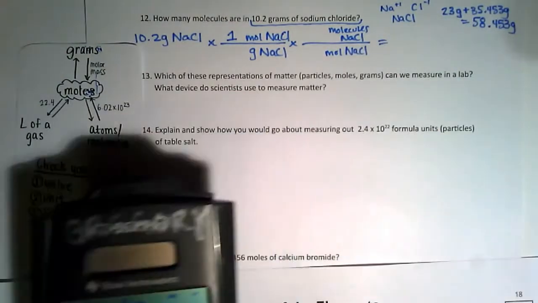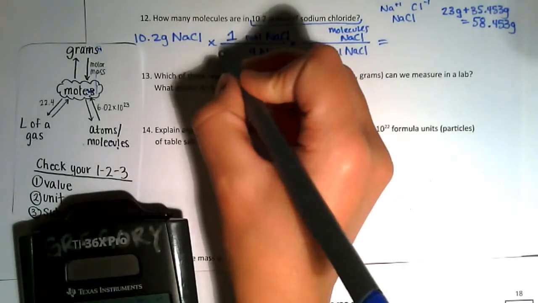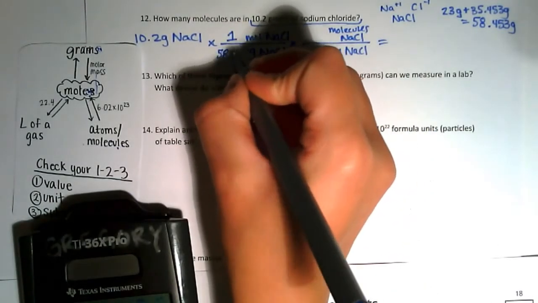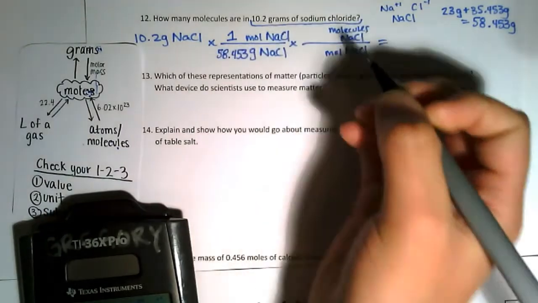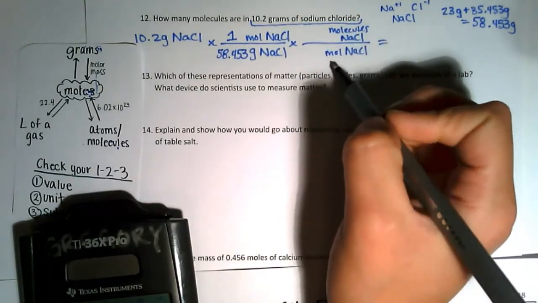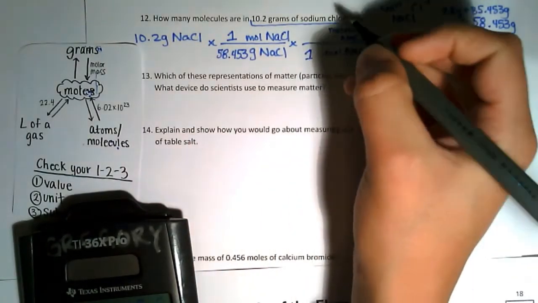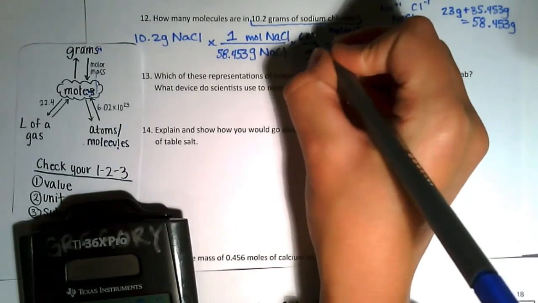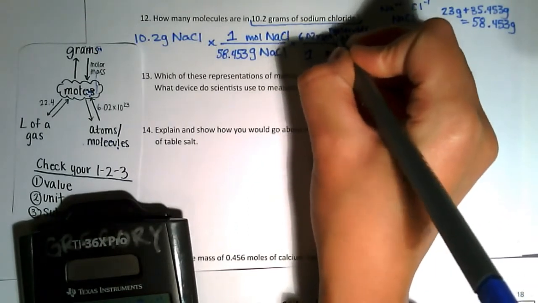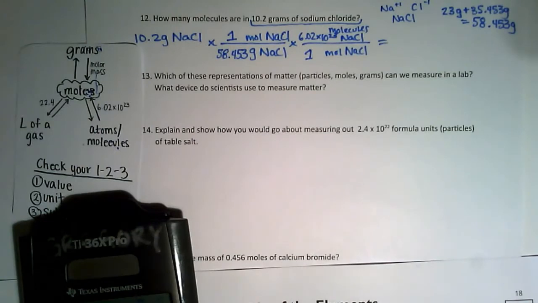So we know that that's the number of grams in 1 mole of NaCl, 58.453. Alright, now we need the number of molecules in 1 mole. And we know that that's always 6.02 times 10 to the 23rd, Avogadro's number of molecules.